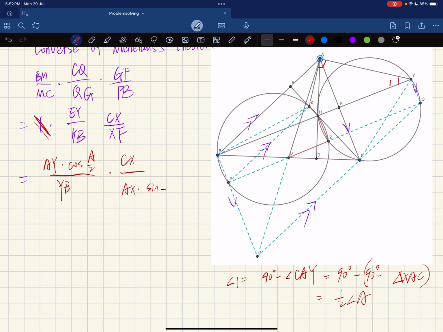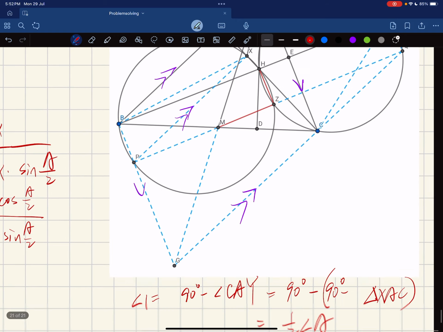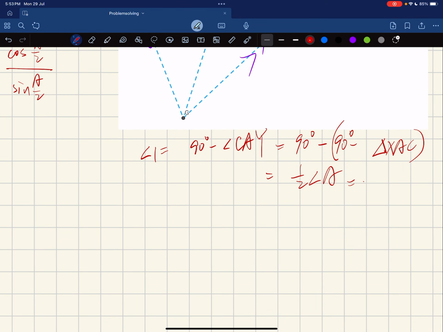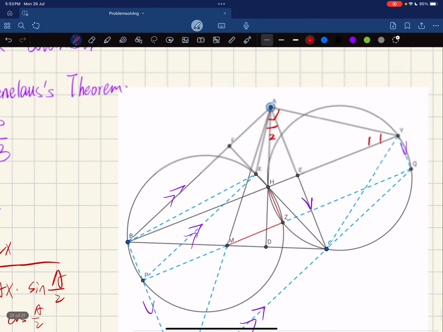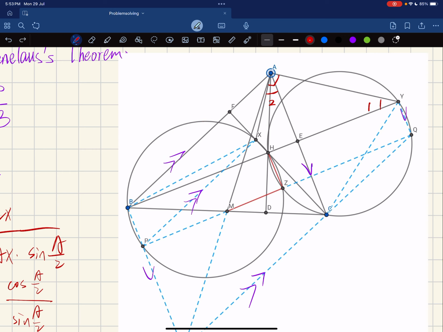So how can we convert CX over AX? That is the problem right now. We have proved that angle 1 equals half of angle A, so it also equals this one, angle 2, right? And from the 4 points B, F, E, and C consecutively, what can we know?